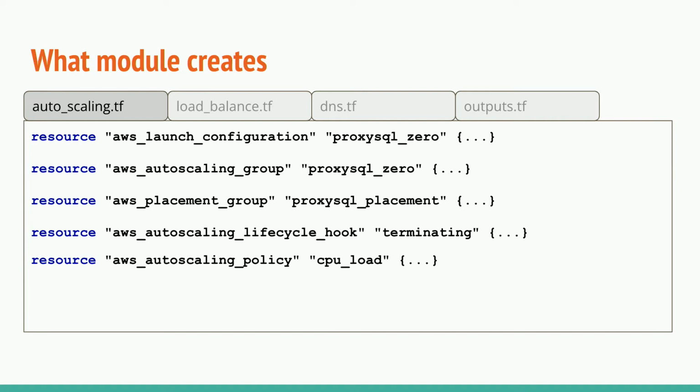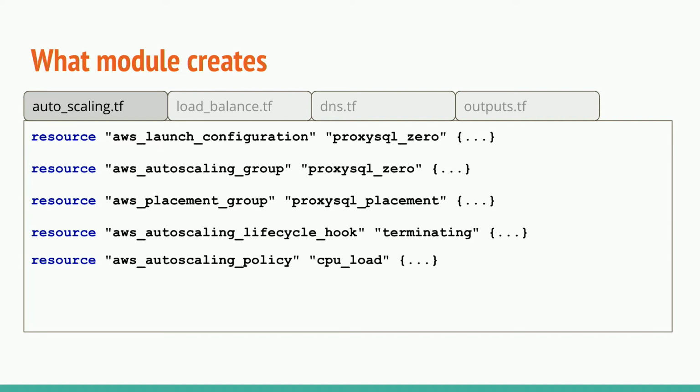So what's inside the module? I create a bunch of AWS resources that I need to deploy ProxySQL. I group them in several files, and they serve slightly different purposes. Autoscaling is a file for all stuff associated with the autoscaling group.